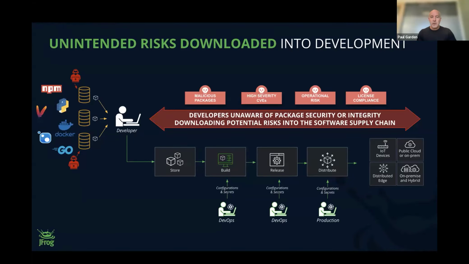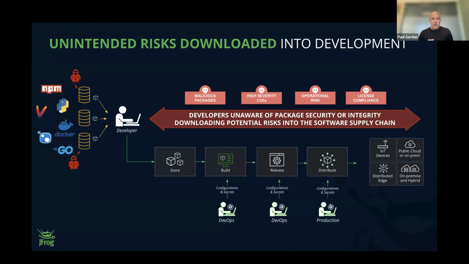There's something that we term operational risk, which would be packages that are very old and unmaintained, or maybe very young or immature. And then there's the traditional license compliance issue. So maybe you don't want LGPL licenses in the organization, or you don't want unknown license types.